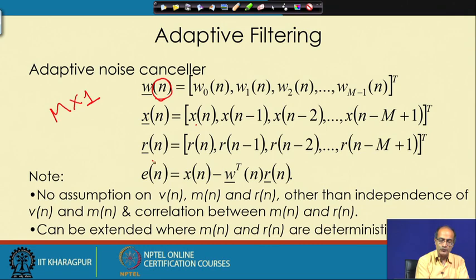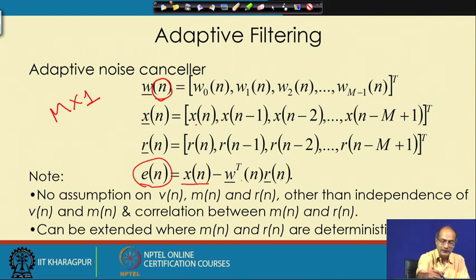In this scenario, the output of the noise canceller, En, is nothing but the difference of the observed signal and the dot product of the weight and the reference input Rn.